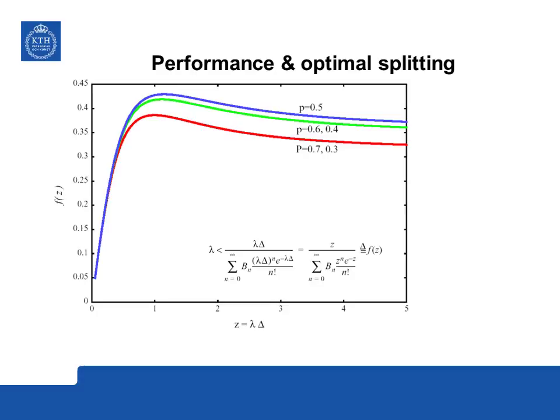And we can also see how the splitting of intervals should be chosen. In this particular example, we can see p equal to 0.5, corresponding to splitting the interval in halves, gives the best performance. And compared to the binary tree protocol, we see a slight improvement again. So lambda star for this protocol has to be less than 0.43.